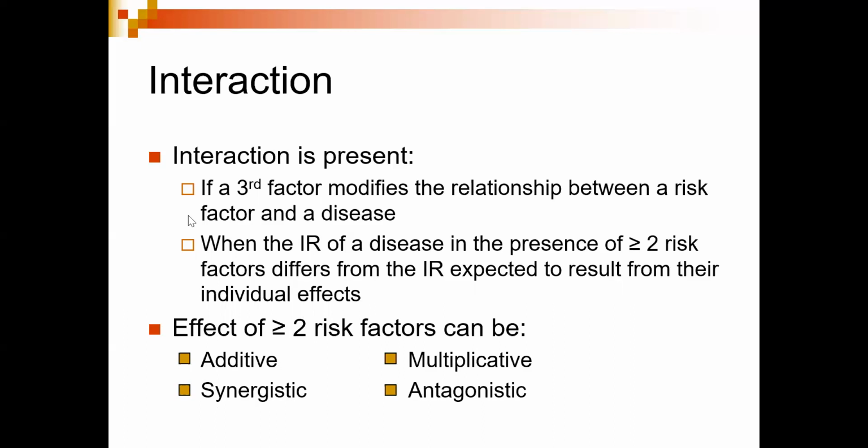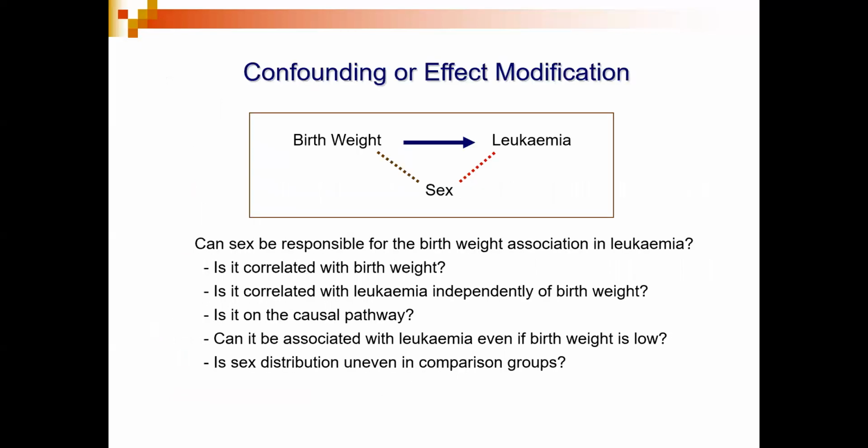So by interaction, we are saying this state variable is not actually a confounder, but its presence really changes or strengthens the association, or multiplies the association between these two variables and the outcome.